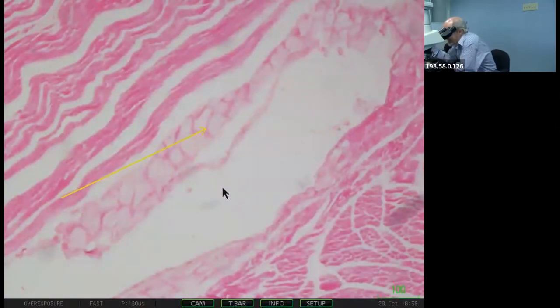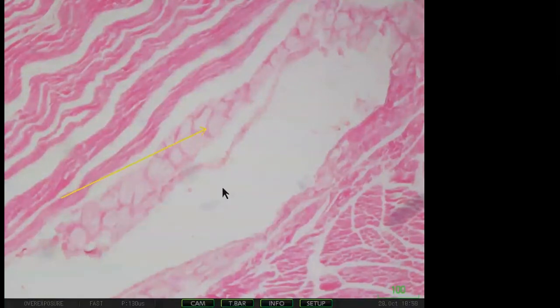We are in the heart again, and at the tip of the arrow you have a population of cells which are important. They are the continuation of your bundle of His, and they are very important in the propagation of your influx.